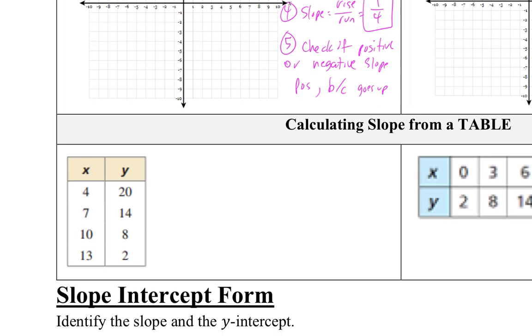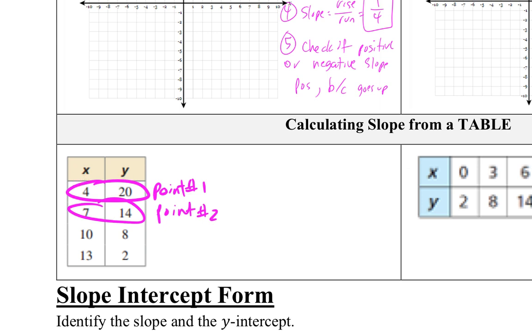All right, next, now we're going to calculate from a table. It's the same thing. If this is x and y for 1 point, I'm going to say that's our point number 1, and then I'll say that's my point number 2. Then we're just going to focus on x and y.